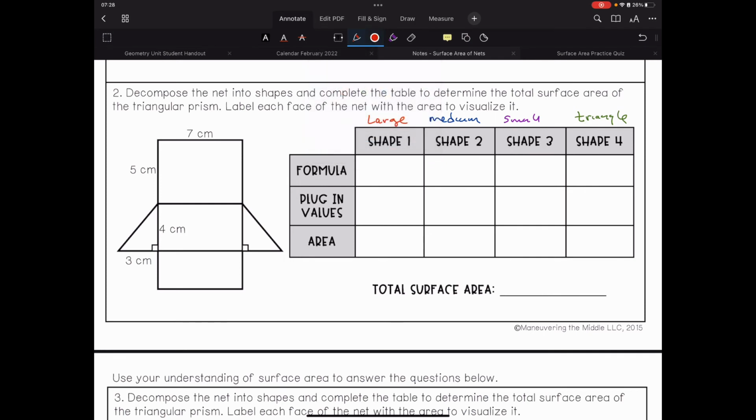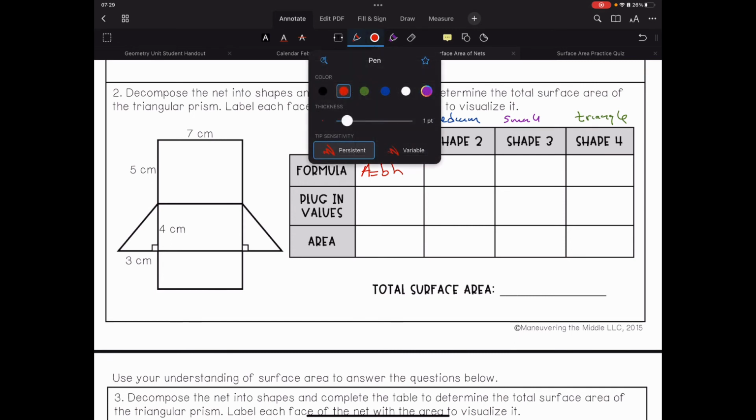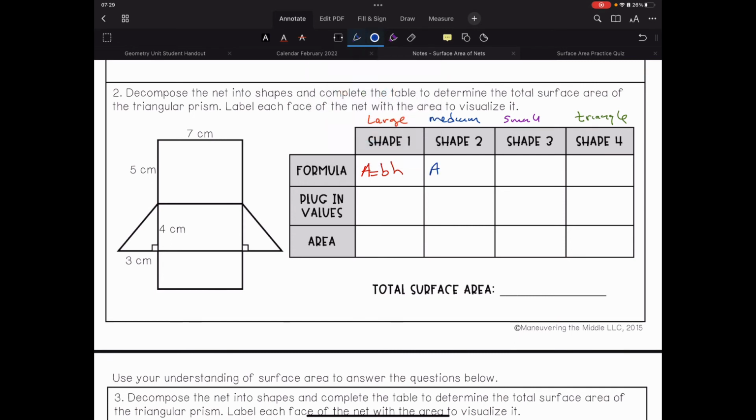So for the large one, we know it's going to be area equals base times height because it's a rectangle. For the medium rectangle, again, area equals base times height. And for the small rectangle, area equals base times height. For the triangle, area equals 1/2 base times height.